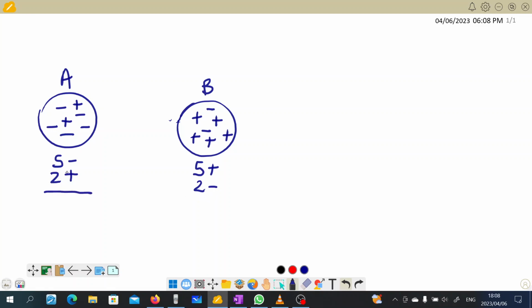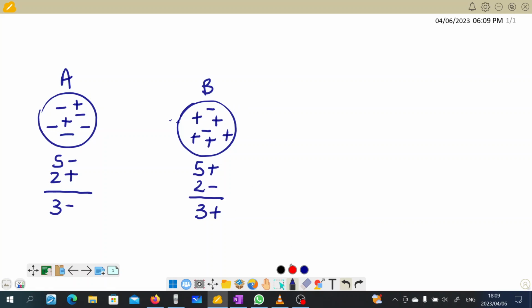If you look at the net here between minus 5 and 2, 5 is bigger than 2, so the net will be 3, which is negative. But if you look on the side of B, 5 minus 2, 5 is a bigger number than 2 and is positive. So we take the sign of the bigger number, so you're going to have a positive 3 as the net.